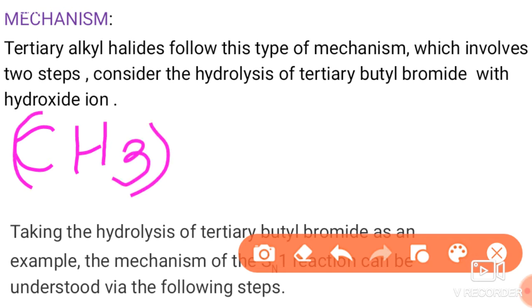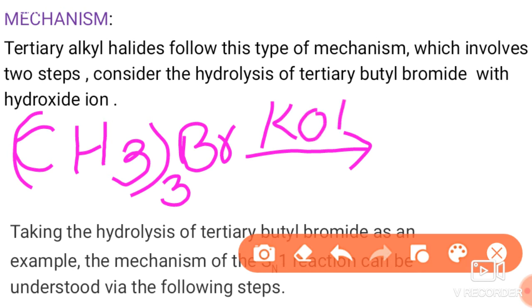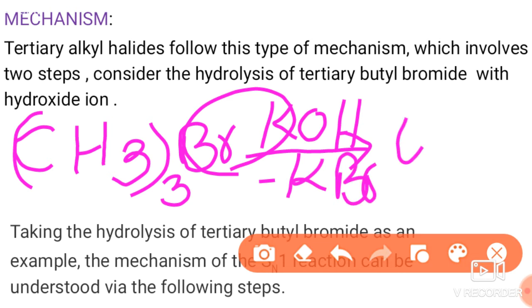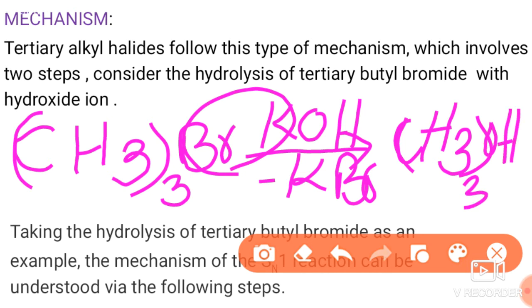Tertiary butyl bromide undergoes hydrolysis with potassium hydroxide, then potassium bromide is eliminated to form the product, that is tertiary butyl alcohol. The mechanism of this reaction involves two steps.